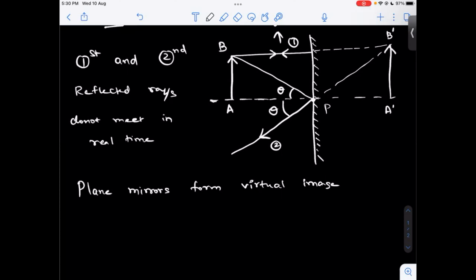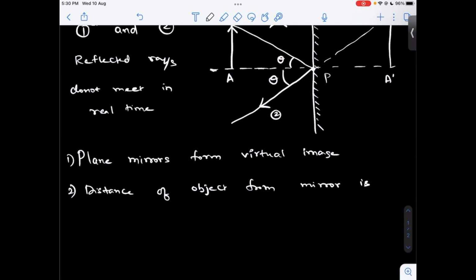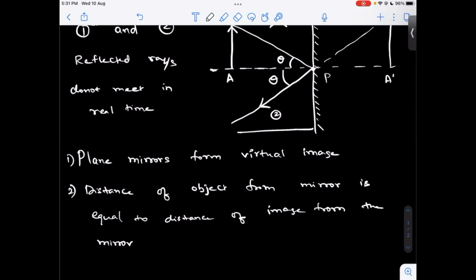And secondly, the distance of the object from the mirror is equal to the distance of the image from the mirror. So if this distance is u and this distance is v, then we can conclude u is equal to v.